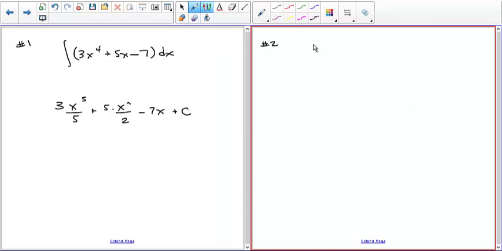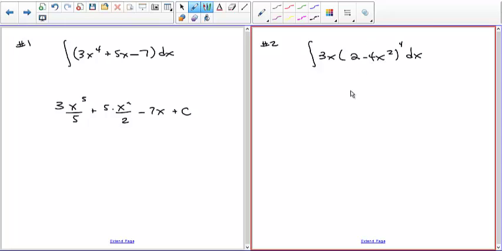Okay, number 2, this indefinite integral. When you have an integral that you can't just use polynomial integration with, then you have to use u substitution.